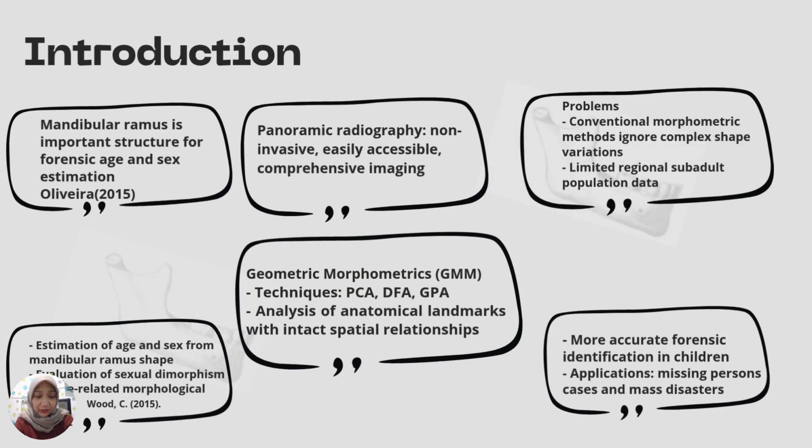For the introduction, the mandibular ramus is an important structure for forensic age and sex estimation, and panoramic radiography is non-invasive, easily accessible, and a comprehensive imaging method. The problem is that conventional morphometric methods ignore complex shape variation and have limited subadult population data.